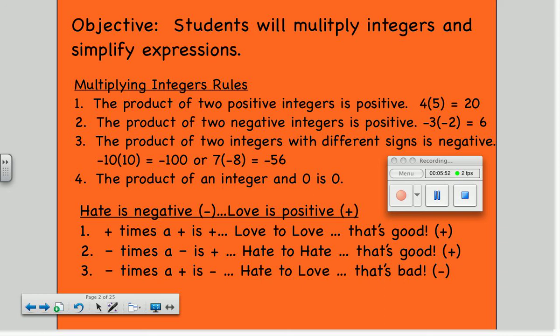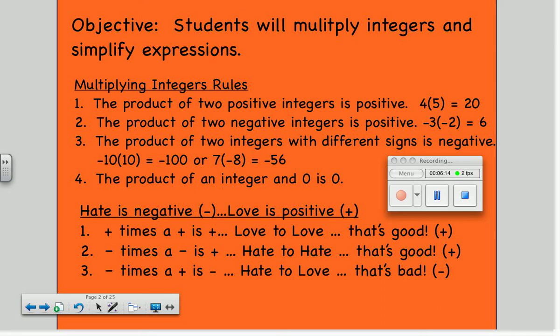That's good. That's a positive also. And number 3, a negative times a positive. So if you hate to love, well, that's bad. That's a negative. So this is just another way for you to think about it in other terms so that you can maybe remember this.